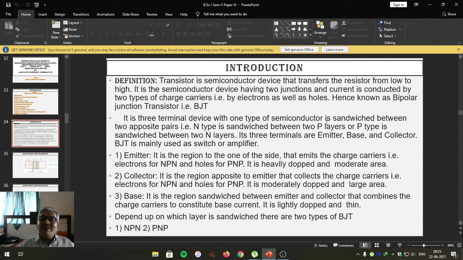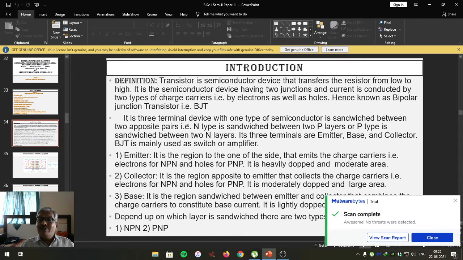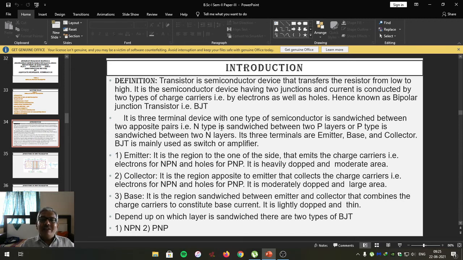Here, one type of semiconductor is sandwiched between two opposite layers. That is, either N type of semiconductor is sandwiched between two P layers, or P type of semiconductor is sandwiched between two N layers.